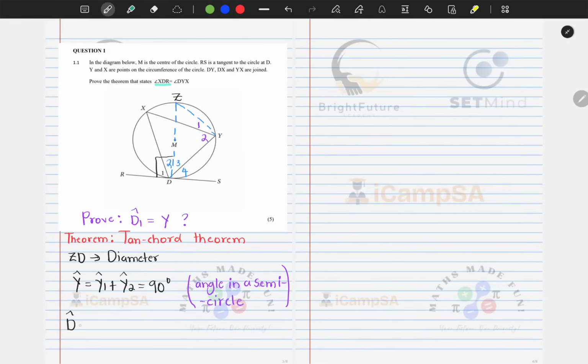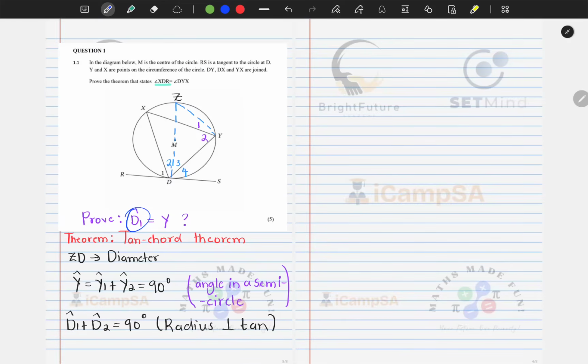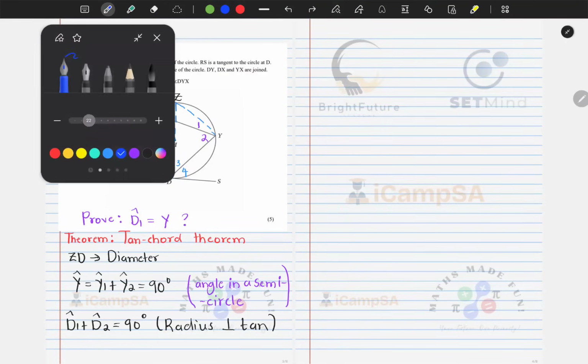It means that D1 plus D2 should be 90 degrees. What is the reason? Radius perpendicular to our tangent. The same can be said about D3 and D4, so when you add them up, you should get 90 degrees. But our focus is really on D1. That is why we took the side that has D1.